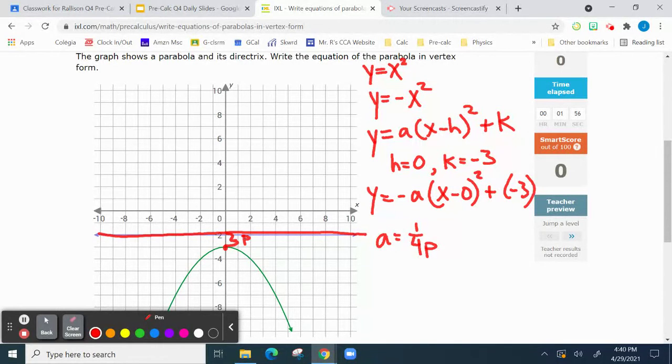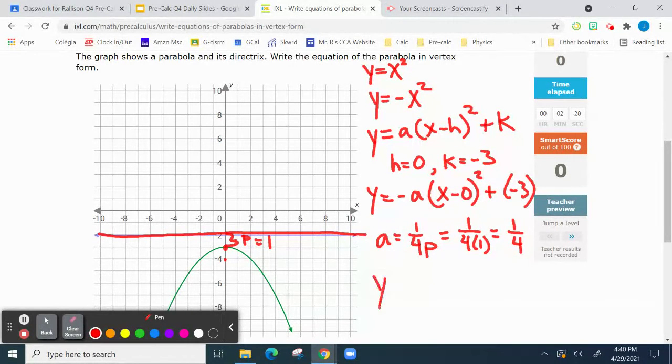And if you know p, you can also find the focus, which is right there, if you needed to. But we just need p. And what is p in this? P equals 1. So that's easy. a is going to be 1 over 4 times 1, so it's going to equal 1/4.